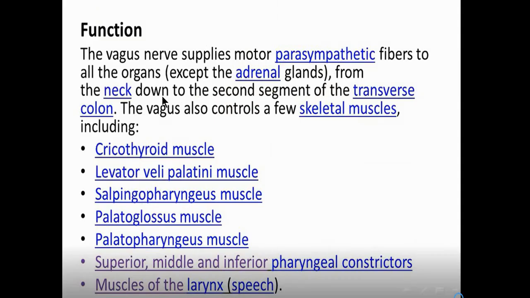The function of the vagus nerve is to supply motor and parasympathetic fibers to all organs except the adrenal gland, from the neck down to the second segment of the transverse colon. The vagus nerve also supplies a few skeletal muscles, including the cricothyroid muscle, the palatine muscle, the superior, middle, and inferior pharyngeal constrictor muscles of the pharynx, and the muscles of the larynx, the voice box.